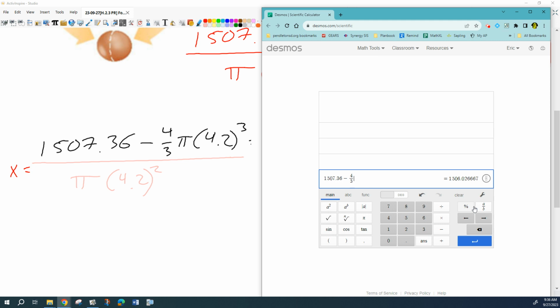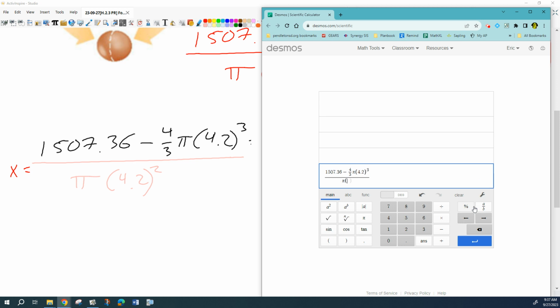Hit the right arrow, type in pi, or I can click the pi button, times 4.2 cubed. Now if I want to put all that in a fraction, what do I do? Highlight all that stuff, and then just hit divide.